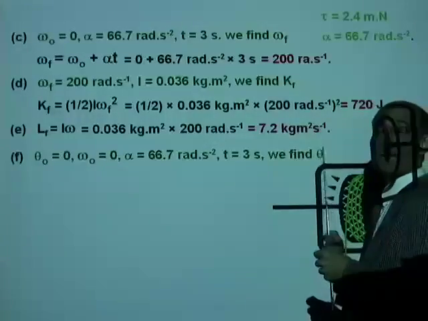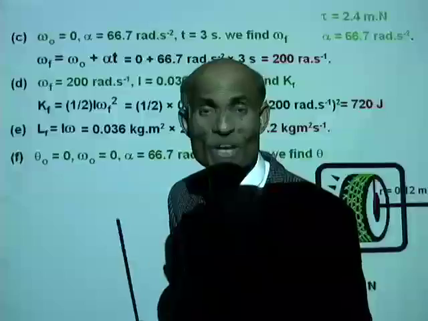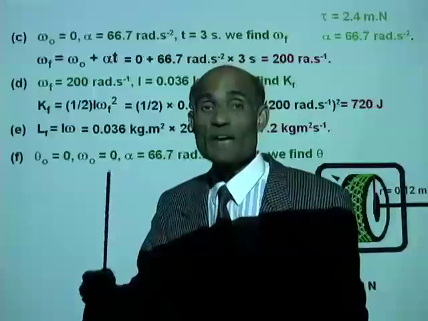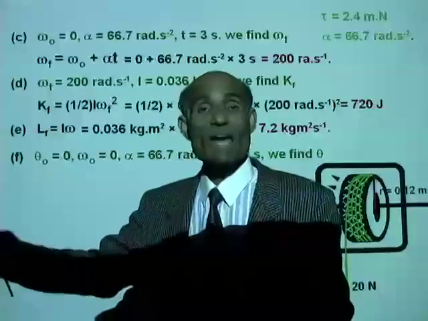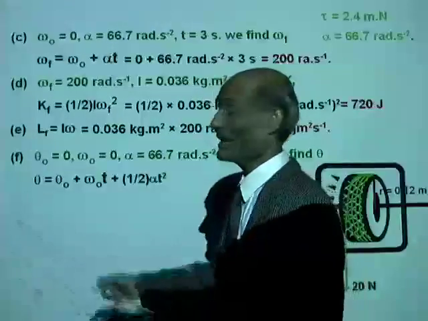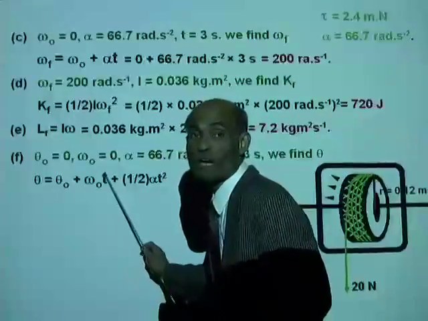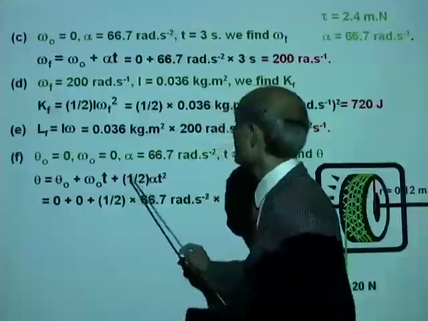We need to find theta, the angular displacement. Which of the equations will you use? Theta equals theta 0 plus omega 0 t plus 1/2 alpha t squared. There you are. Where theta 0 is 0 and omega 0 is 0, so the first two terms will go.